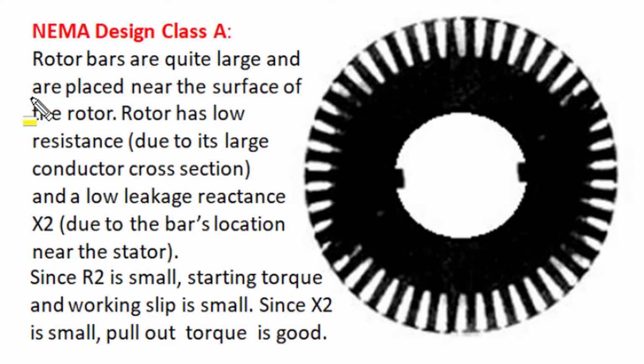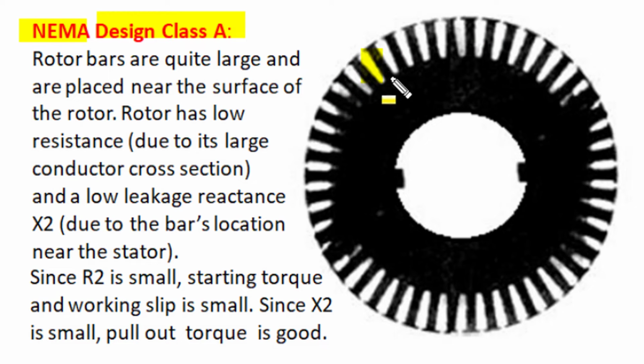The first standard motor of NEMA is called design class A type of motor. Now these motors are designed for better running performance and for higher efficiency of operation. In these motors, the rotor core laminations are selected in such a way that rotor bars are quite large in cross section, but they have smaller depth, and that too near the surface of the rotor.